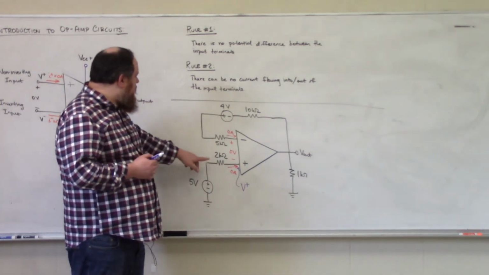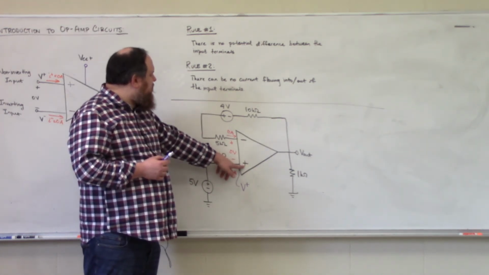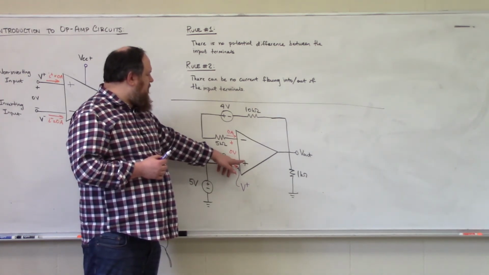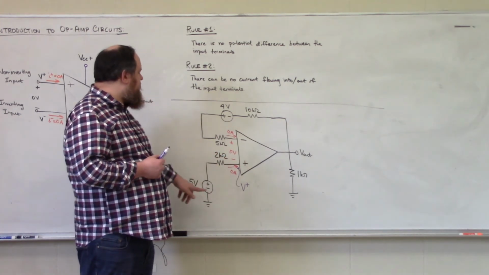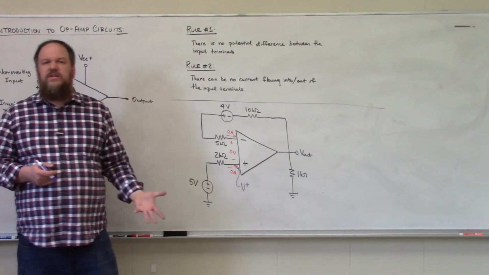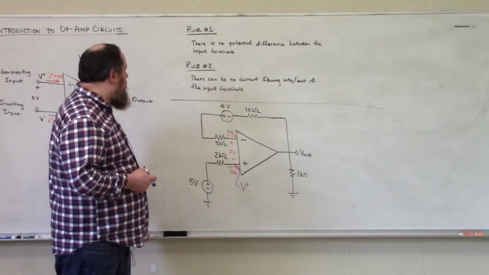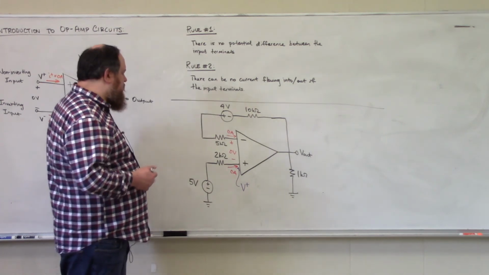So we know that 0 amps of current is flowing into our non-inverting input terminal, which means 0 amps of current must be flowing through our 2 kilo ohm resistor. Therefore, there's no voltage drop over that 2 kilo ohm resistor.